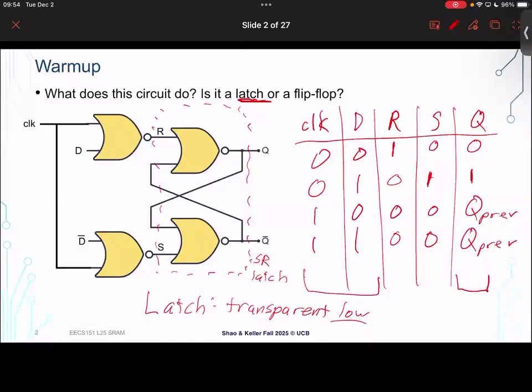R for reset, because it forces the value to 0. And then if R and S are both low, then it just stores the previous value. And so all this circuit is doing is converting that sort of SR latch specific behavior into a generic latch that we're used to looking at from last week. So any questions about this one?